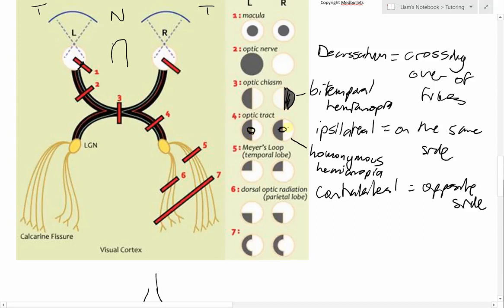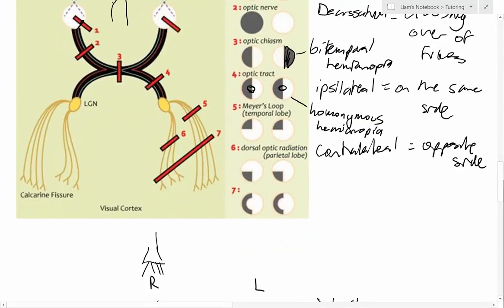So this area will still have vision in it. And that's because the area in the brain that processes the macula has dual blood supply. So if we get an infarct back here in our posterior cerebral artery, we'll see defects similar to a homonymous hemianopia, but with the macula spared, because a separate blood supply will keep supplying the macular processing region. That's just a cool thing to keep in mind, I guess.